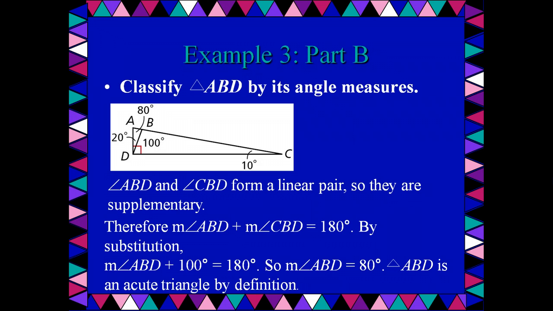Therefore, angle ABD plus angle CBD is 180 degrees by substitution. The measure of angle ABD plus 100 equals 180. So the measure of ABD is 80 degrees. ABD is an acute triangle by definition. All of its angles are less than 90 degrees.